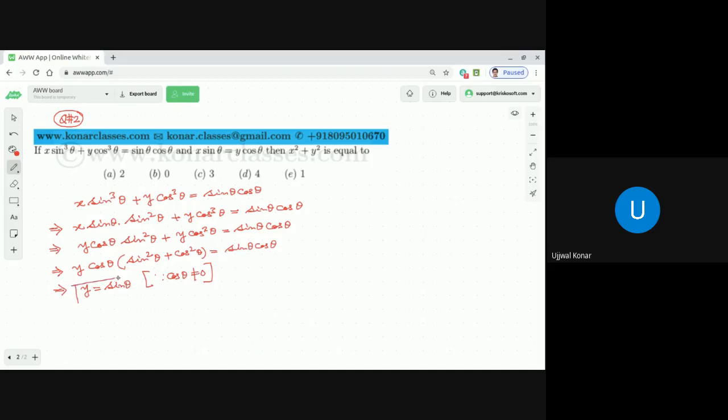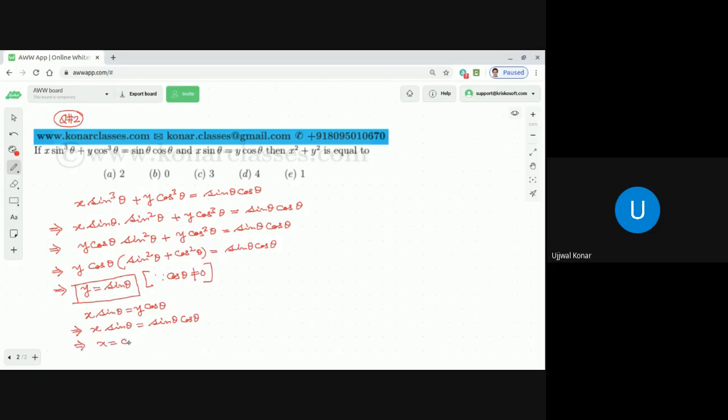The moment you get y equal to sin theta, and we know that x sin theta equals y cos theta, implying that we can write x sin theta equal to sin theta cos theta. So sin theta got cancelled.